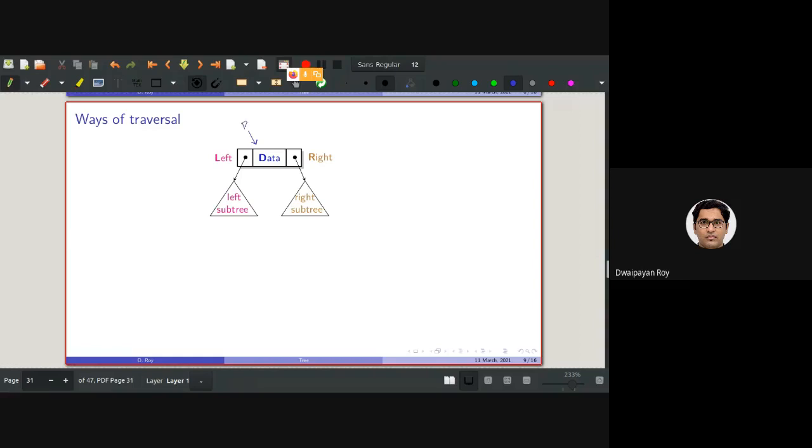The root node contains the data as well as a left pointer and a right pointer to the left subtree and right subtree. All the nodes in the left or right subtree contain one data part, one left pointer part, and one right pointer part.